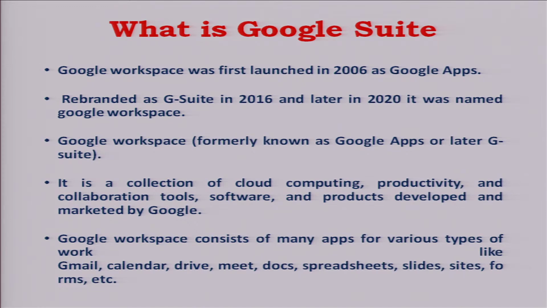So Google Workspace, formerly known as Google Apps, or Google Suite, is a collection of cloud computing, productivity, and collaborative tools, software, and products developed and marketed by Google. Google Workspace consists of many apps for various types of work, like Gmail, Calendar, Drive, Google Meet, Docs, Spreadsheets, Slides, Sites, and Forms.